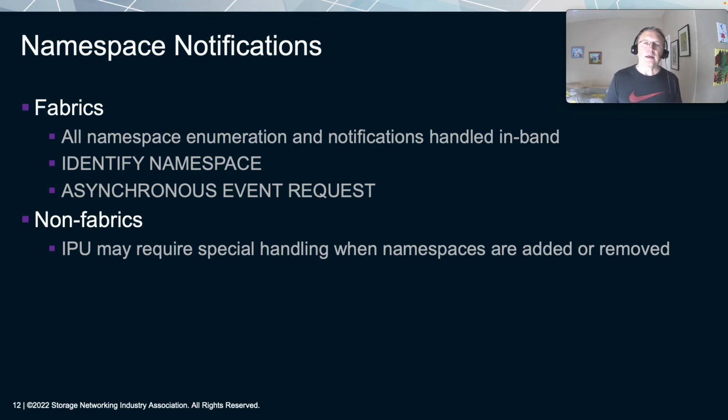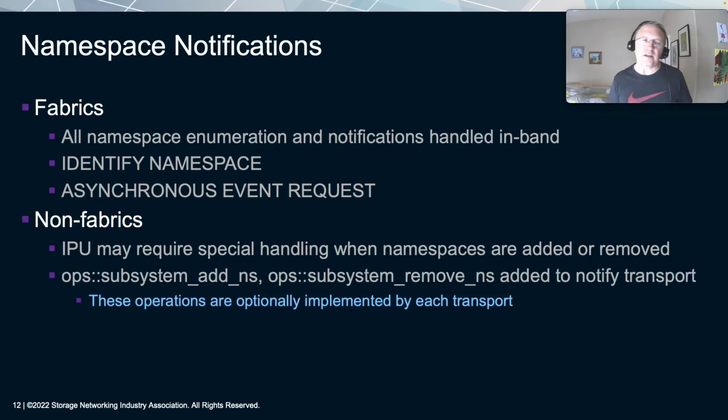Before we were covering these non-Fabrics cases, we didn't notify the transport about them because the transport didn't need to know. And so now we've added additional ops for the transports to optionally implement so that they're notified whenever a namespace is added or removed. This then allows the IPU to do whatever special handling it needs to do for those cases.